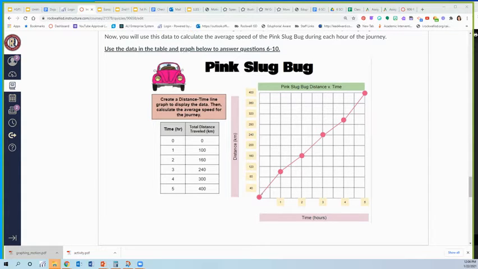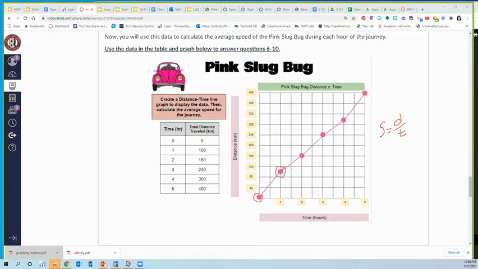We are only looking at between 0 and 1 hour. So we need to find out, okay, for our speed equals distance divided by time. Okay, so we need to find out the distance that was traveled just during this segment.